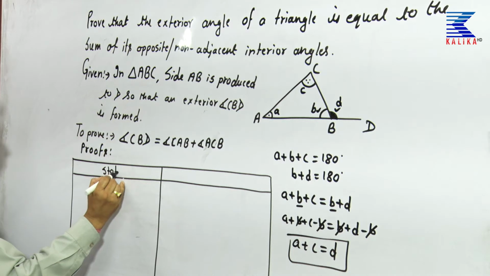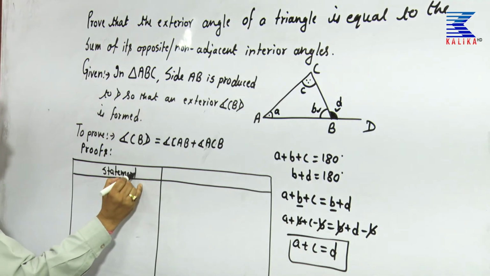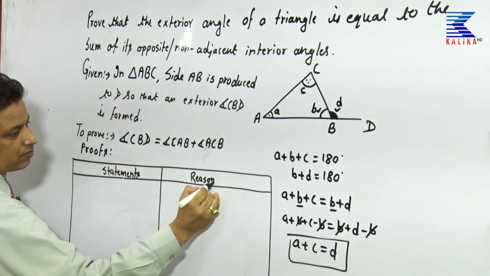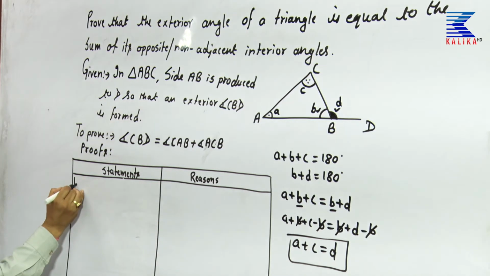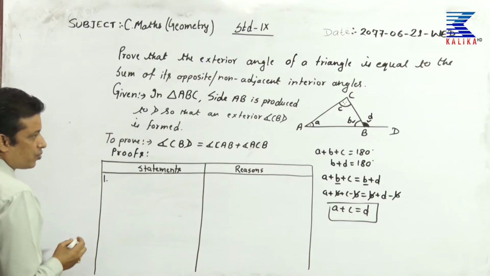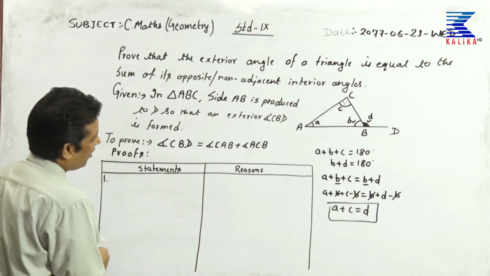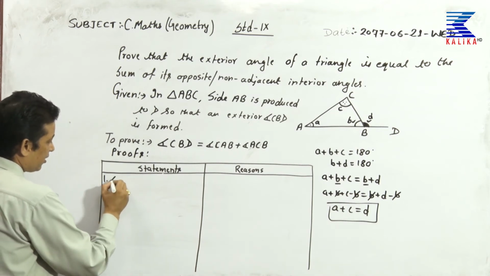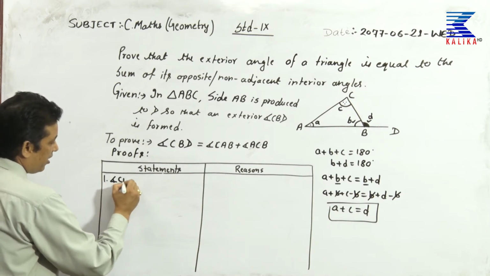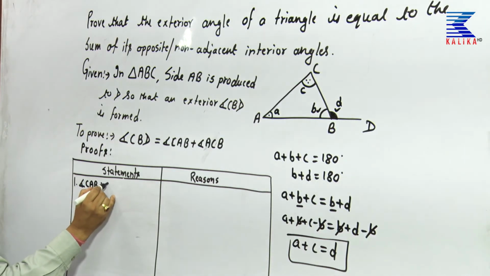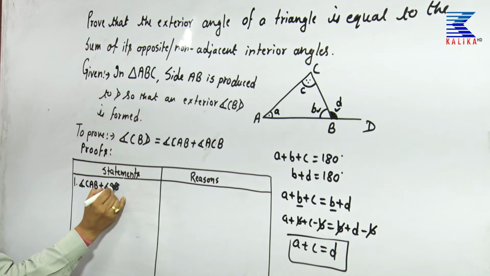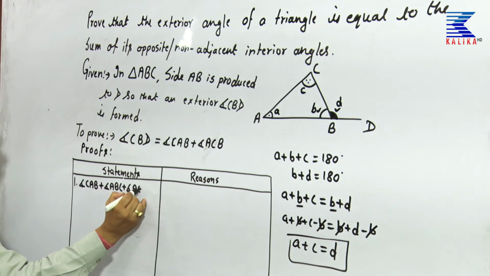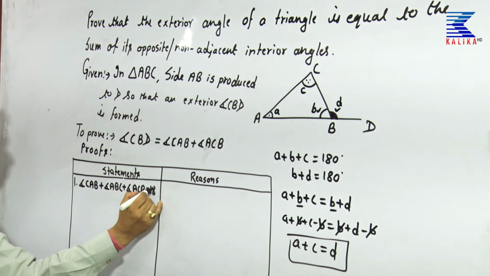Statement, reasons. At first, dear student, let me write the sum of three interior angles of a triangle, angle CAB plus angle ABC plus angle ACB is equal to 180 degrees.